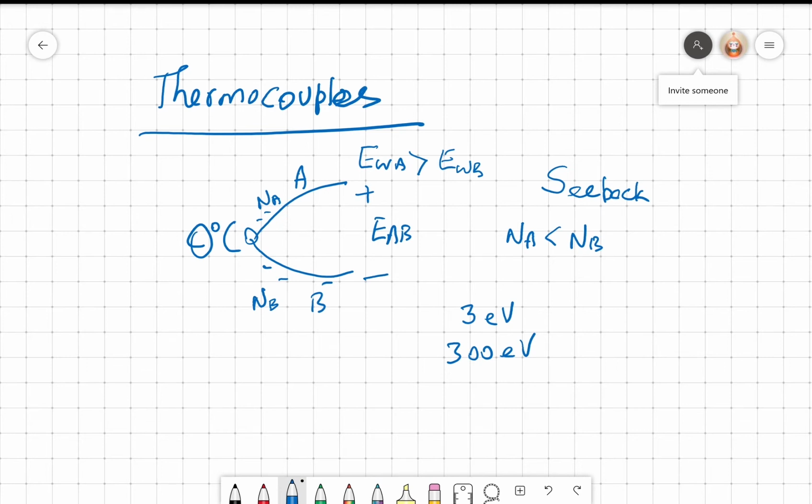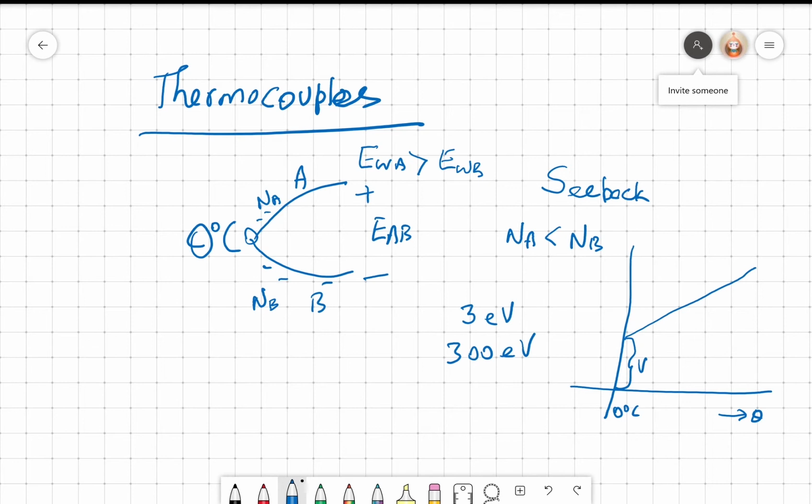If I look at the characteristics of temperature versus output voltage for a typical dissimilar material, we will get something like this. It's more or less linear for many combinations, and I am talking about 0 degree centigrade to increasing, because 0 degree centigrade is not absolute zero, it is 273.16 Kelvin, so we will have some voltage.